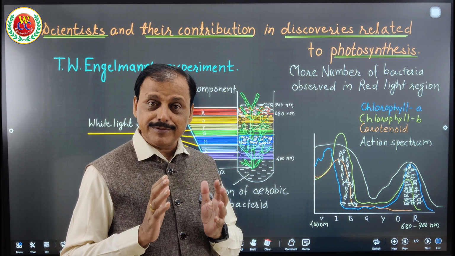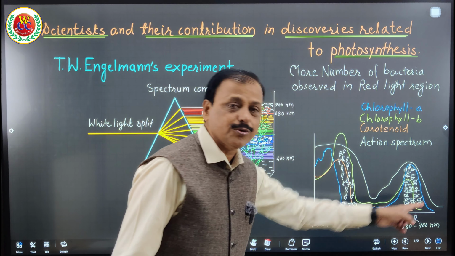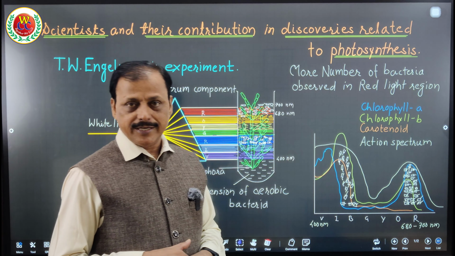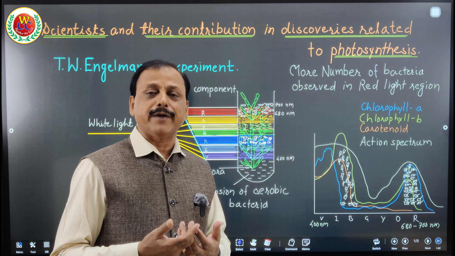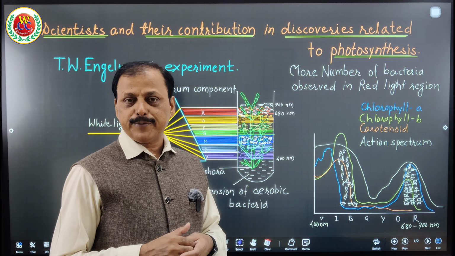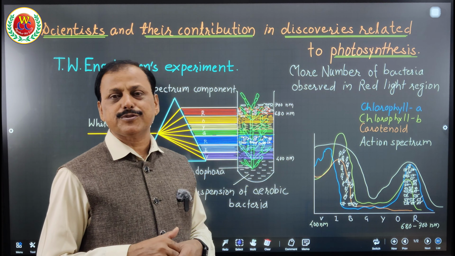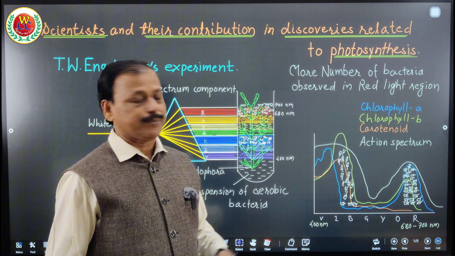They only absorb the light and pass it on to chlorophyll A. Chlorophyll A is greenish blue in color and has more excitement. The magnesium present in the porphyrin ring of chlorophyll A donates electrons and carries out further processes of photosynthesis, which we learn in cyclic and non-cyclic photophosphorylation.